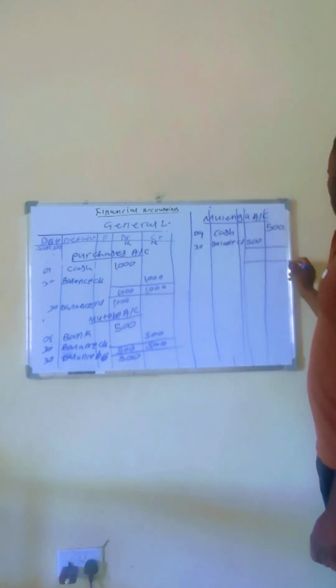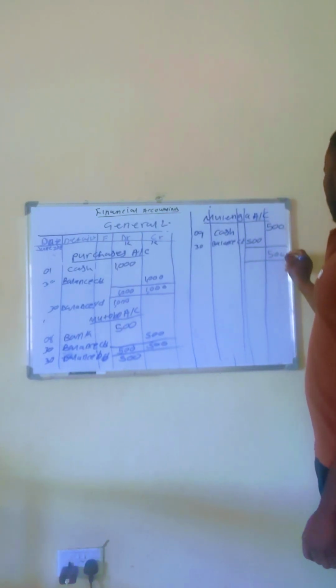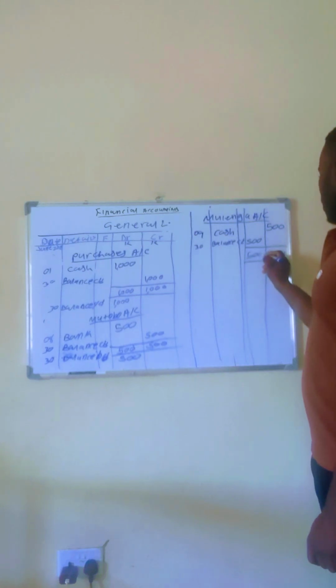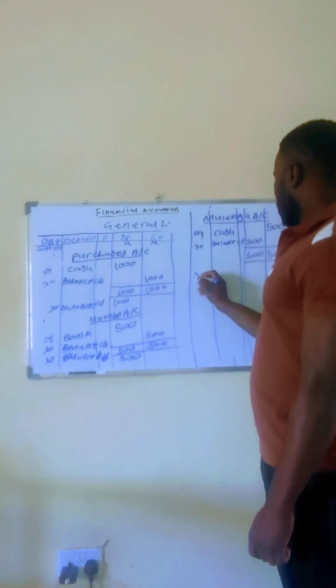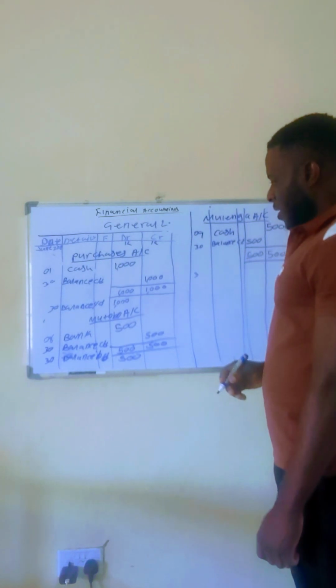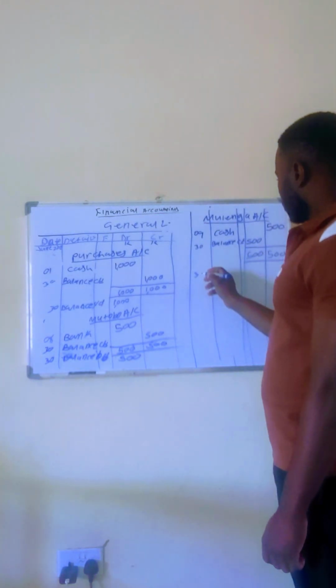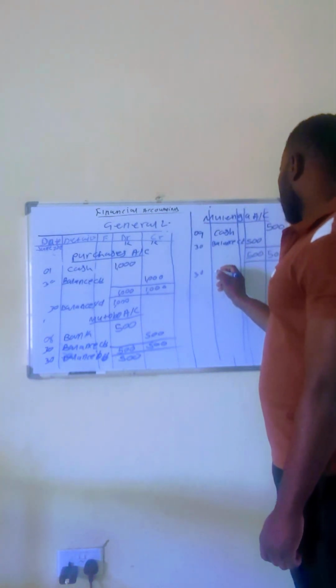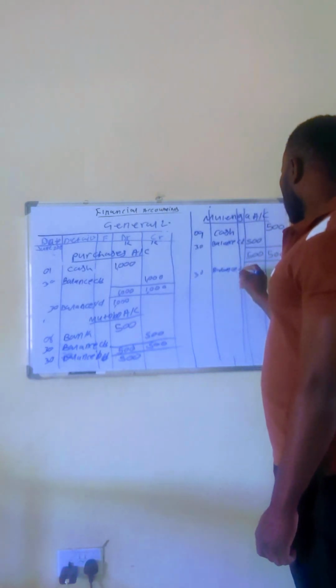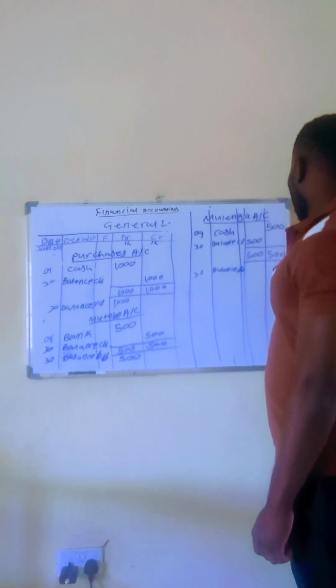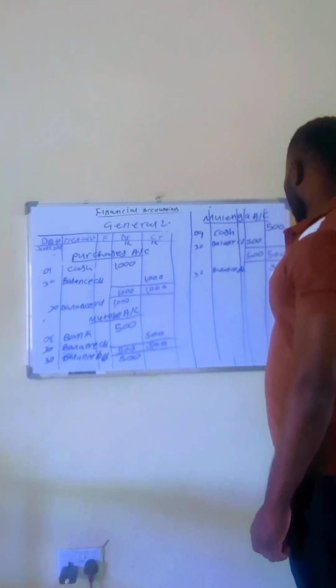There we have 500 there, 500 there, and then we have the balance brought down, it is also 500.